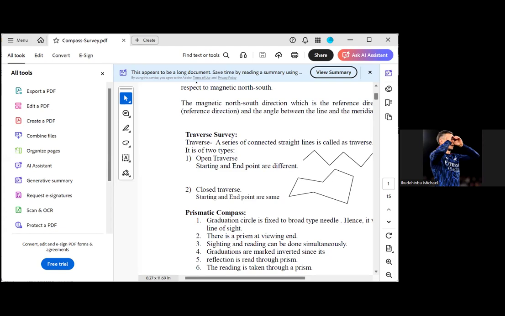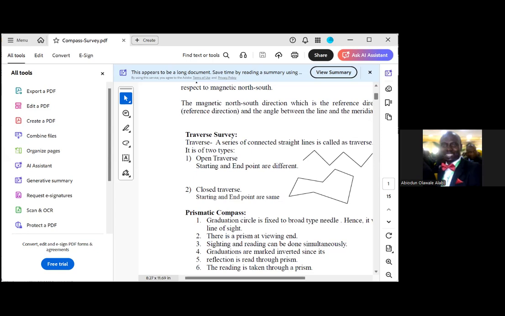And the principle of chain surveying is triangulation, where you create a series of triangles on the field or the site where you want to carry out your chain surveying, and that helps you with your chain surveying processes.